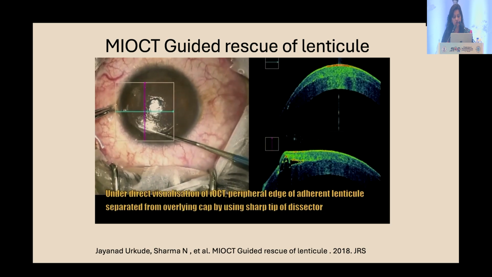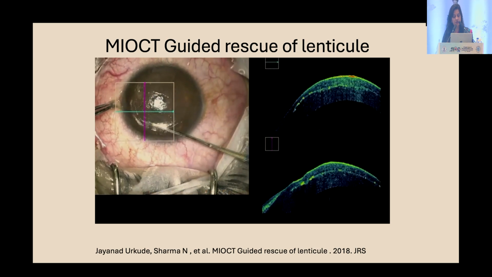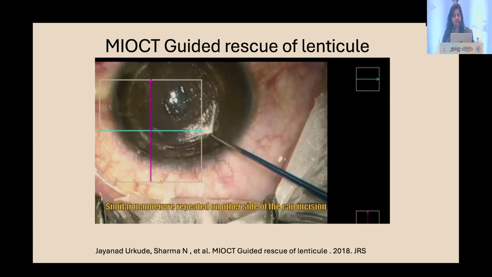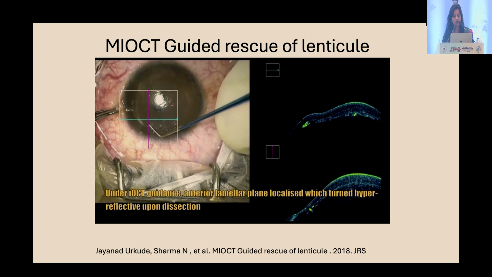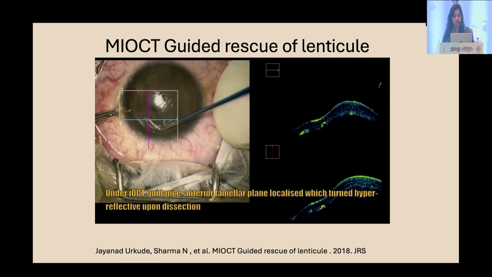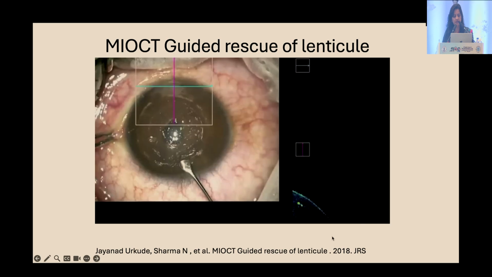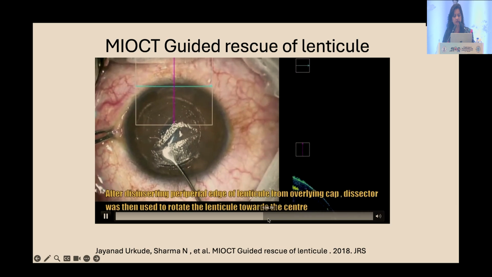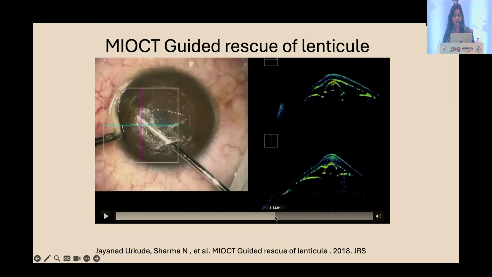Under direct visualization of the intraop OCT microscope, the peripheral edge of the adherent lenticule is separated, and then it does become easier. And if it gets difficult, on the IOCT itself you can see the hyperreflective area upon dissection, and this can also delineate the planes of dissection in a much more quantifiable manner.